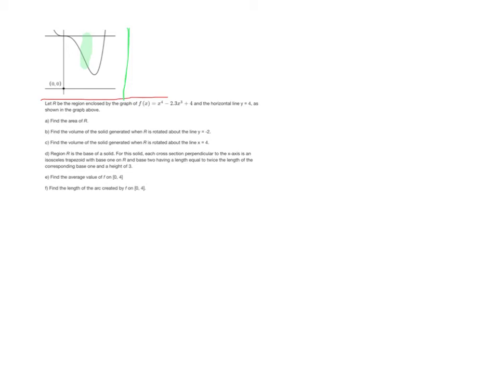So what we're saying is that I'm going to take my green rectangle here, and I'm going to imagine that that's one base of an isosceles trapezoid. One base on R, so that's that, and then base 2 having a length twice that.